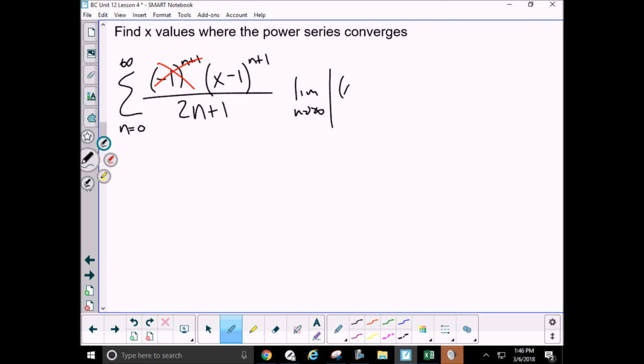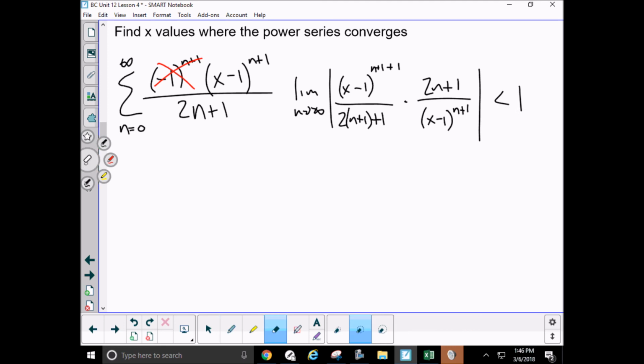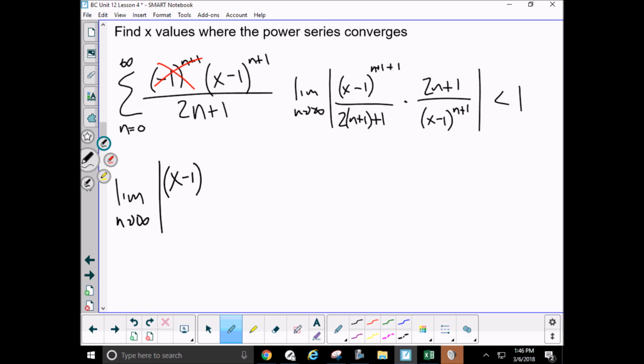So I have x minus 1 to the n plus 1 plus 1 over 2 times n plus 1 plus 1. Then that's times 2n plus 1 over x minus 1 to the n plus 1. This needs to be less than 1. I have x minus 1 to the n plus 2.